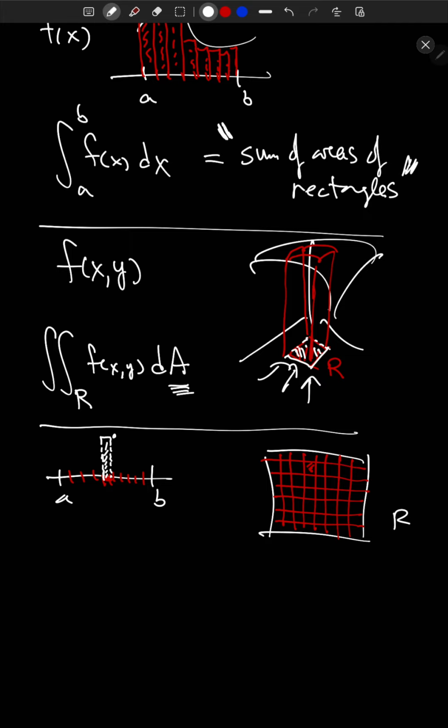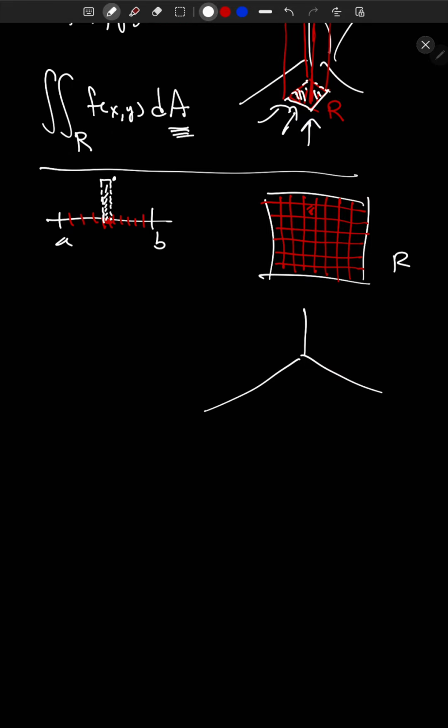We can't draw the picture in a flat way like this, so I'm going to draw it in space. Here's our region. We're chopping it up into tiny little rectangles like this. And for each rectangle, for example this one right here, we're going to take the height above until we hit the graph.